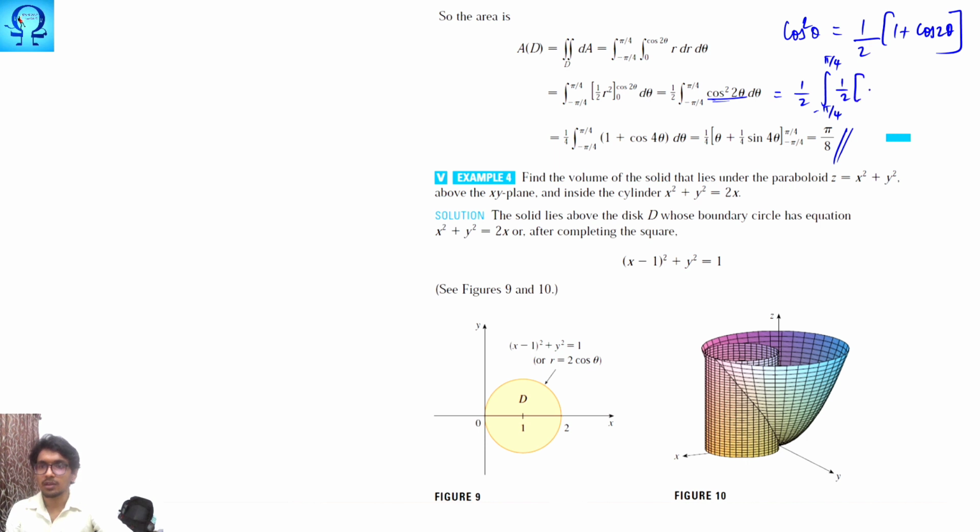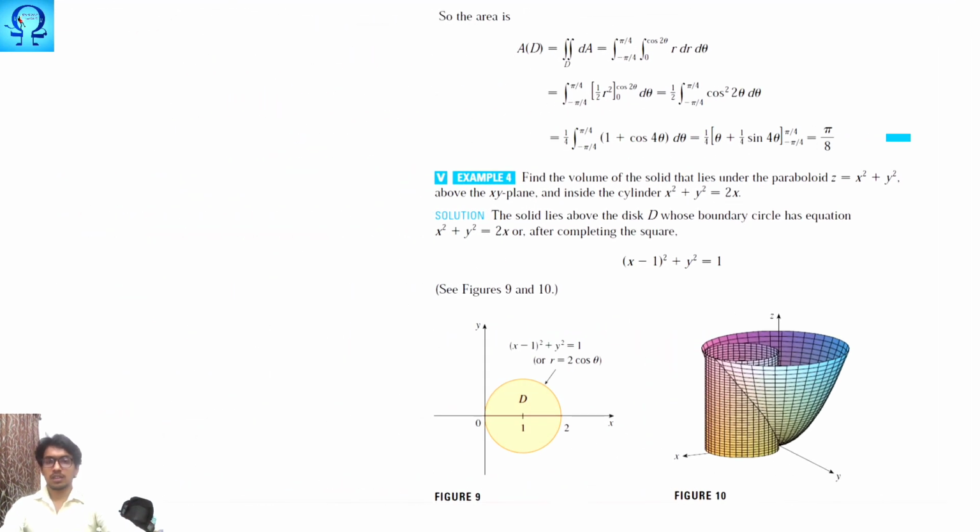So half times of 1 plus cos 4 theta d theta. We take this 1 upon 2 outside, so this becomes 1 upon 4 integral over the given limit of 1 plus cos 4 theta, and we just integrate it and substitute the limits and see the value is pi upon 8, right?